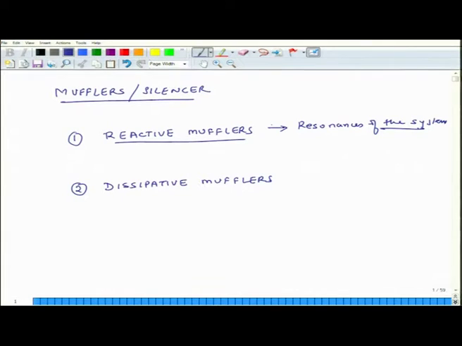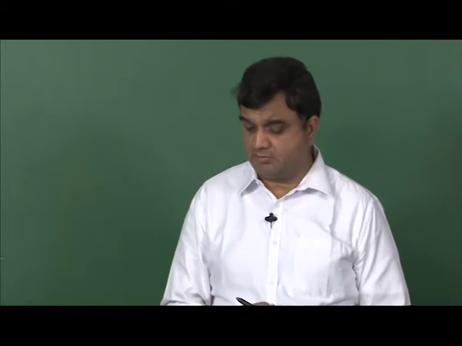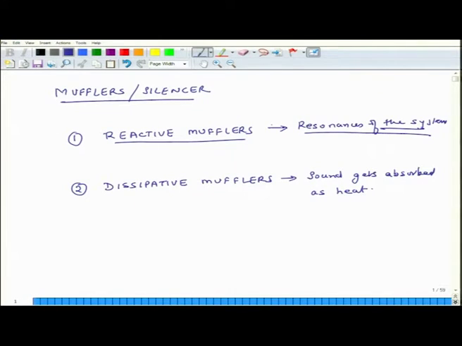So, these are reactive mufflers, and in dissipative mufflers sound gets absorbed, and it gets absorbed as heat. So, in reactive mufflers we are relying on reflections or sucking in of the energy, diverting the energy at a particular frequency in a different direction than the normal path. These work particularly well around their resonance points.